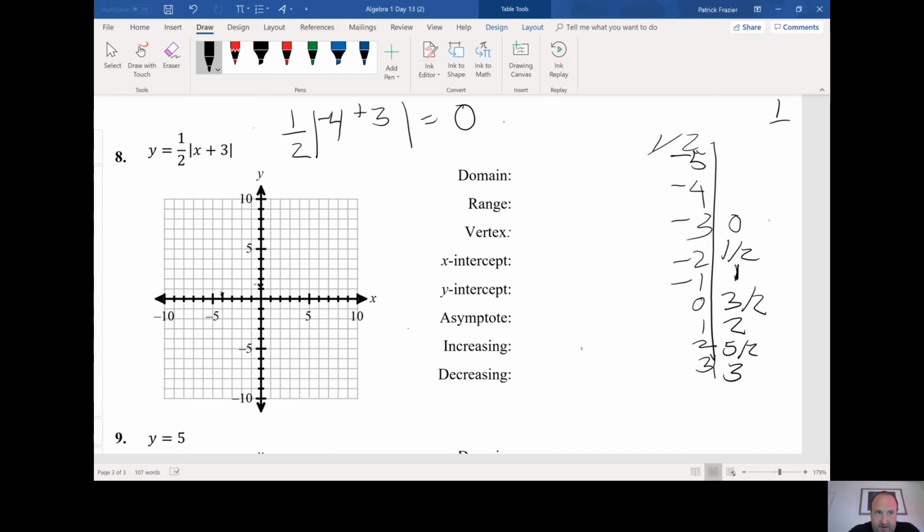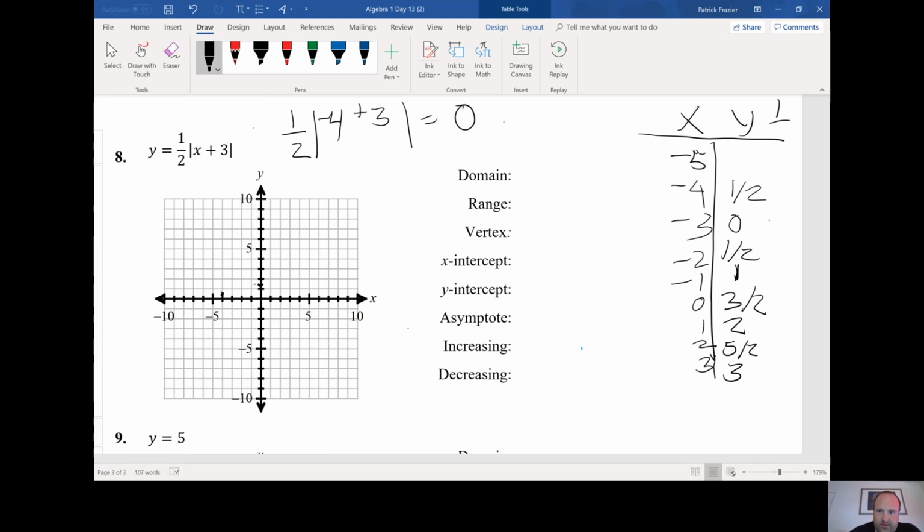The absolute value of -1 is +1, and half of +1 is 1/2. And then for -5, that's -5 plus 3, so that's -2. The absolute value of -2 is +2.